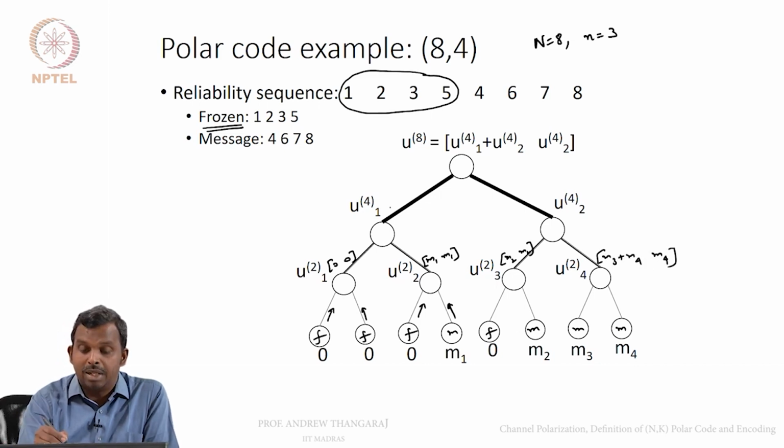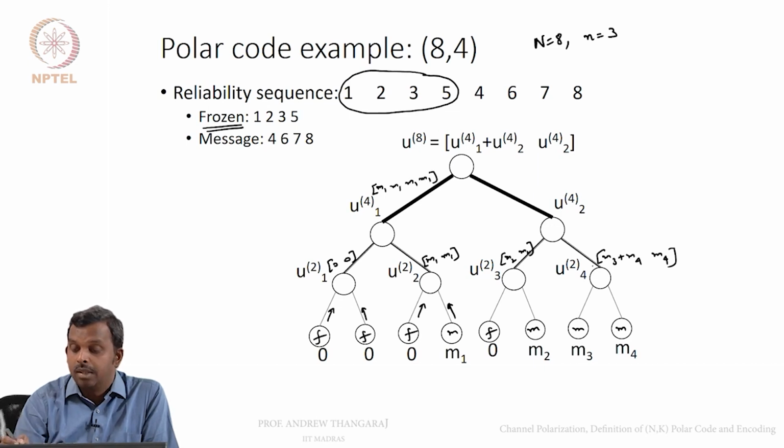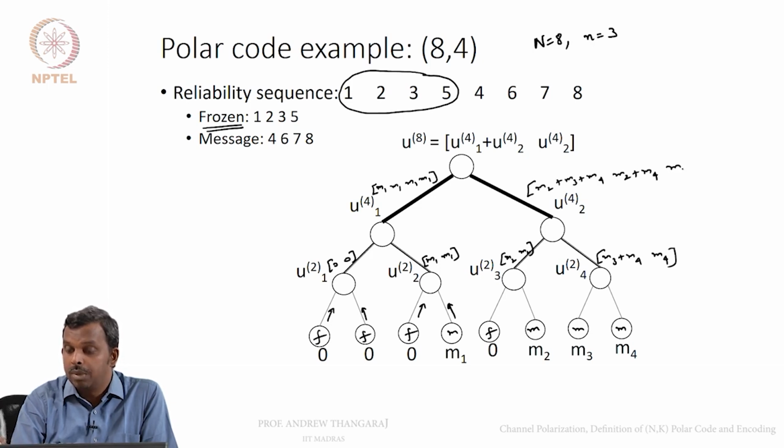Then what will happen in the next step? This is 0, 0, M1, M1, so this 4-bit vector will be M1, M1, M1, M1. This will be M2 plus M3 plus M4, M2 plus M4, M3 plus M4, and then M4, right. So, that is what happens at this node.